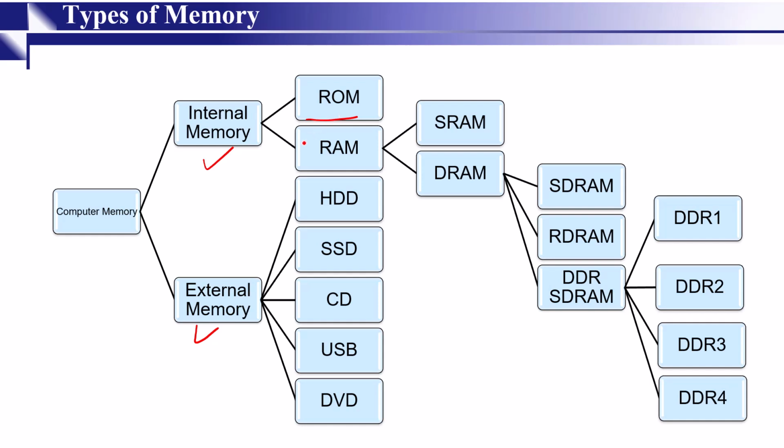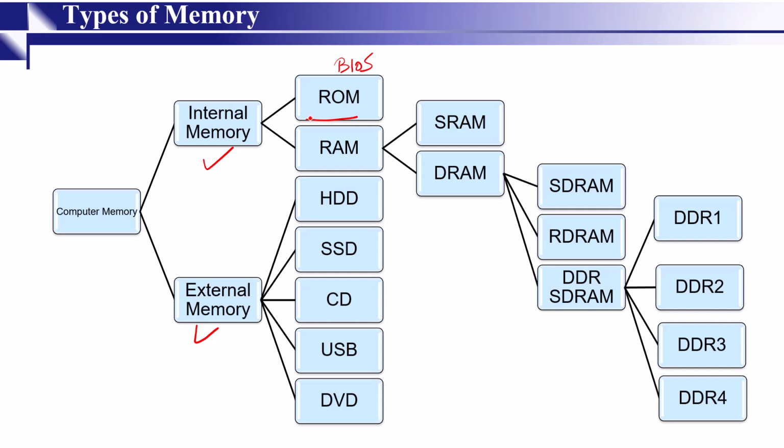It's a kind of non-volatile memory. It means it permanently stores essential system instructions like the BIOS, basic input output system. This ROM stores essential system instructions that are non-volatile. It means when you turn off your computer, the data is still there.